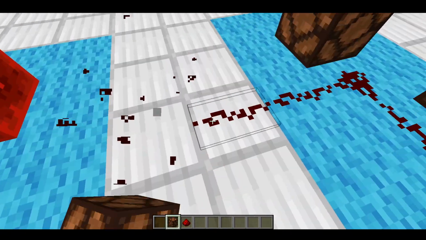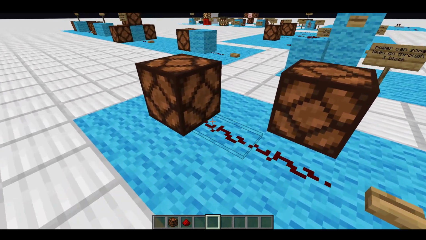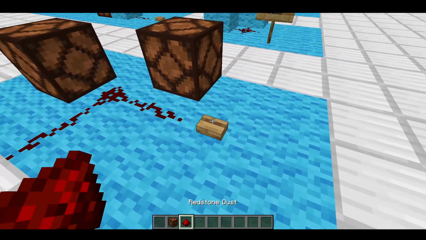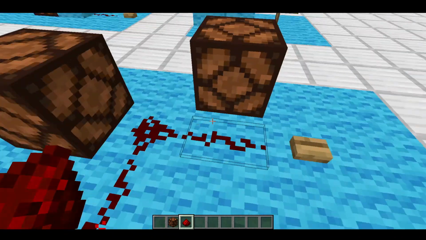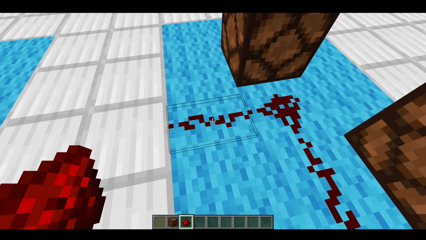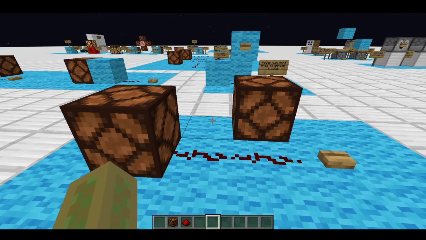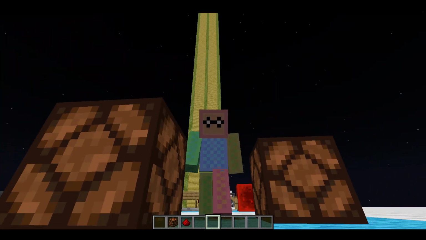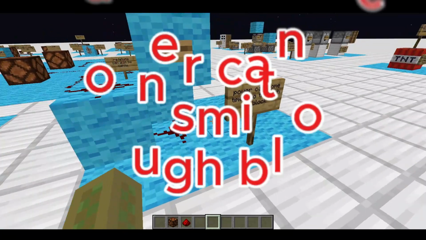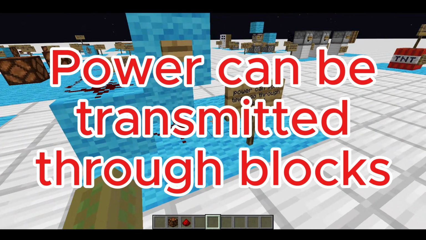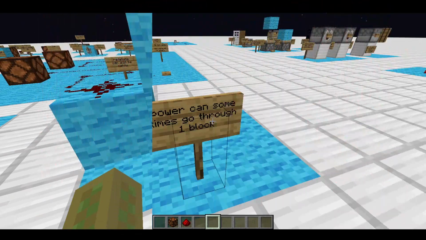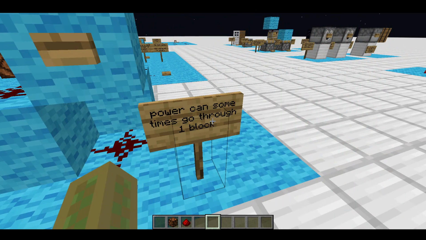Yep. Now keep in mind, it does have to be connected. Right here, it has to be connected. Even though it has to be connected through the redstone line, there is a rule that kind of negates this sometimes. Power can sometimes go through one block.